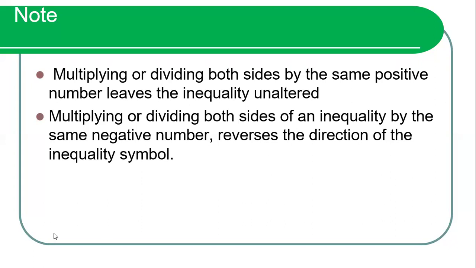Now what I want to emphasize is that whenever we are dealing with inequalities, when you are multiplying or dividing by a negative number, the sign is going to change. Take an example: negative 3x greater or equal to 9. When you divide by a negative, a greater or equal sign changes to less or equal, and greater than changes to less than.